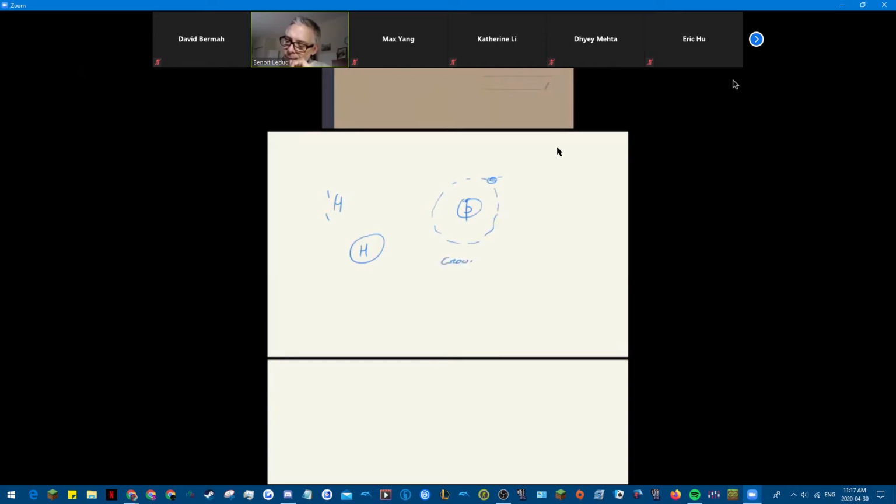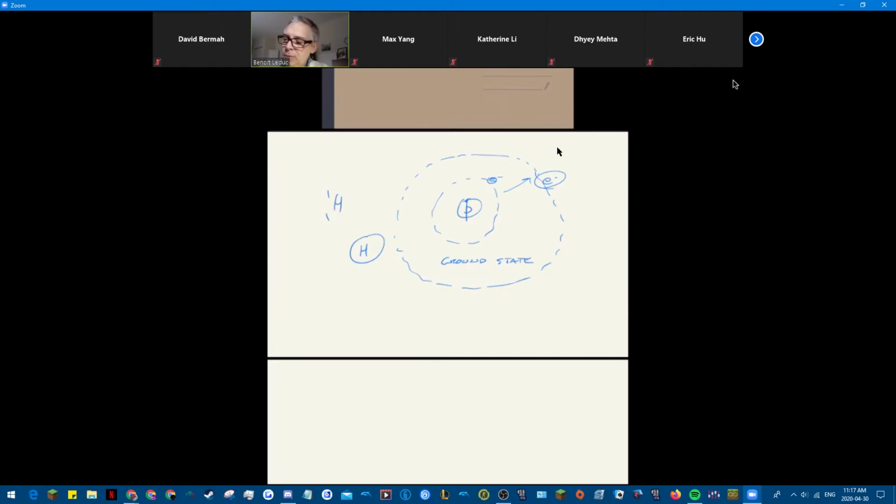You've all done chemistry. When we say we excite an atom, it means that you supply energy so that the electron jumps to a higher state, a higher orbit. So when it's on the second orbit, we say it's an excited state.